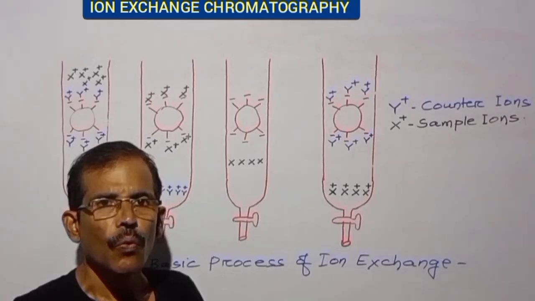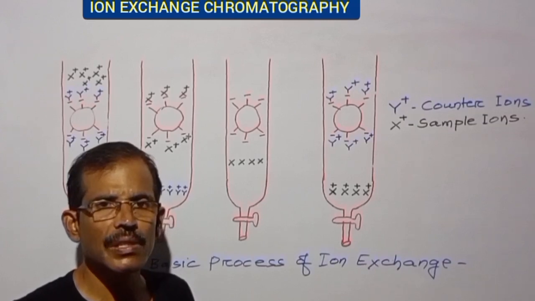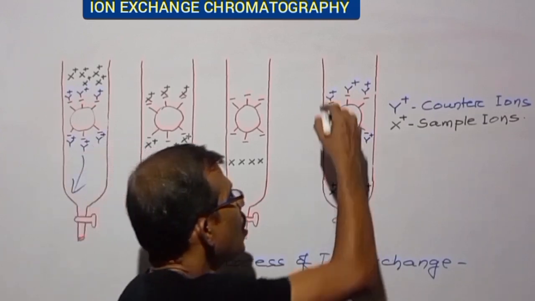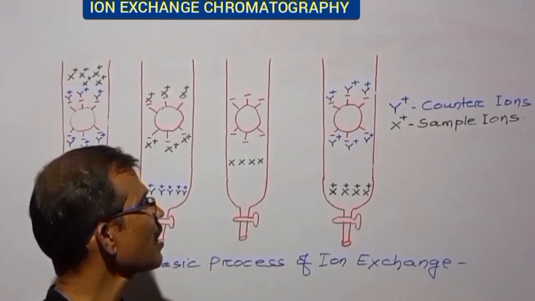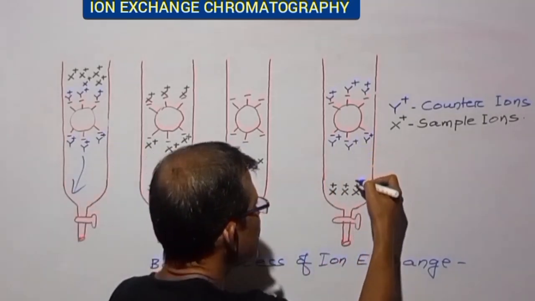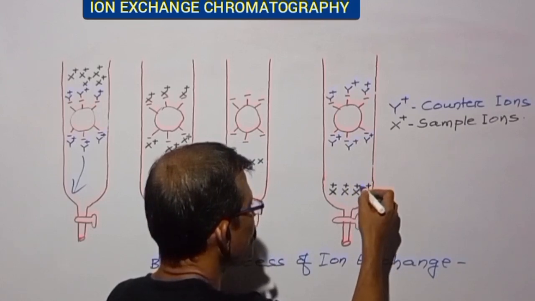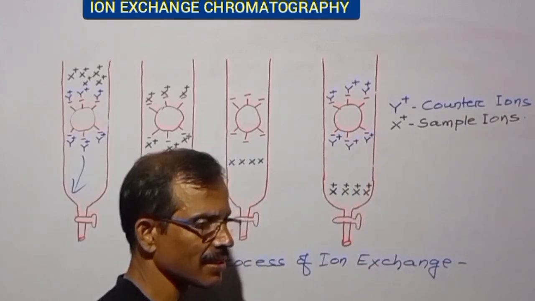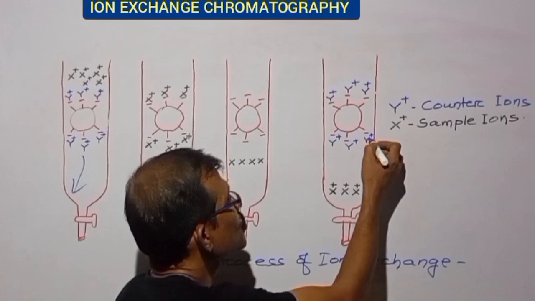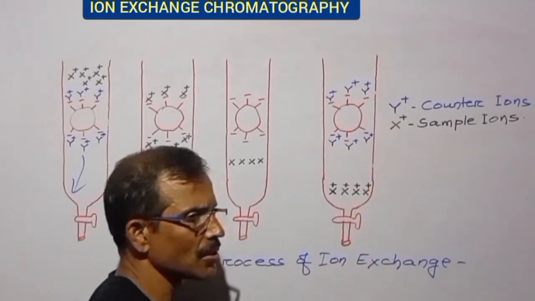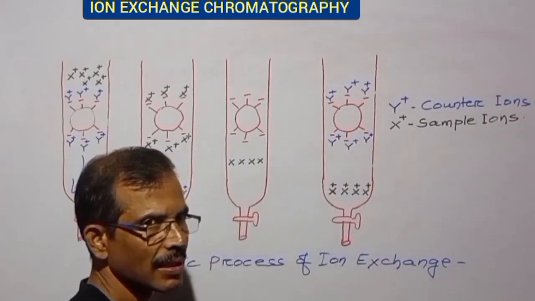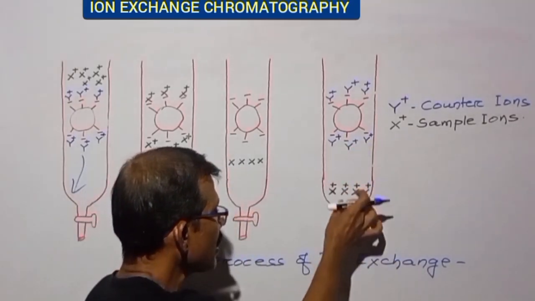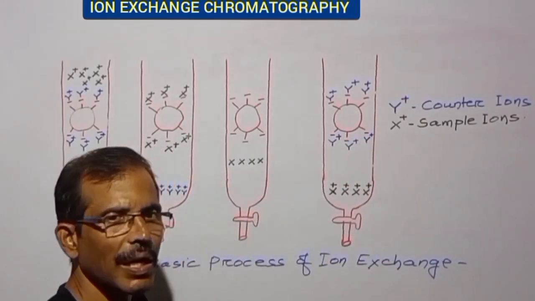When we apply a solution having higher concentration of counter ions on the top of the column, because of greater concentration, the counter ions will displace the charged compounds X+ from their site. So the counter ions will bind to the ion exchanger, and the charged compounds will no longer bind, and after that they can be easily eluted out of the column.